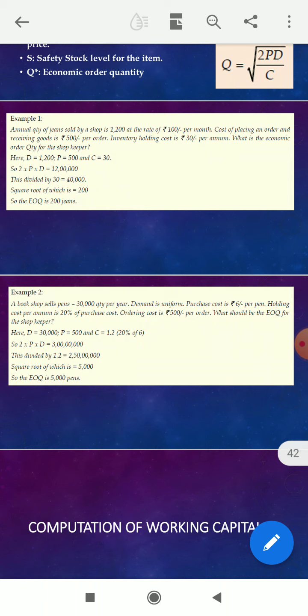Here D is equal to 30,000, P is equal to 500, C is equal to 20% of 6, that is 1.2. So 2 into PD is equal to 30 lakh. This is divided by 1.2, that is 25 lakhs. Square root of which is 5,000. The economic ordering quantity is 5,000 pens.